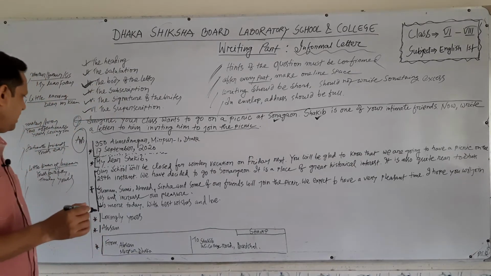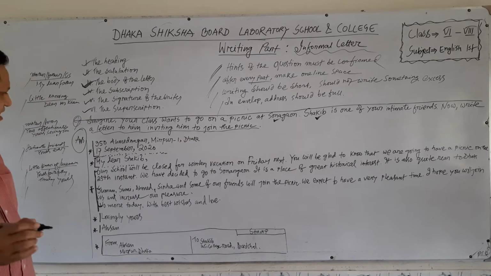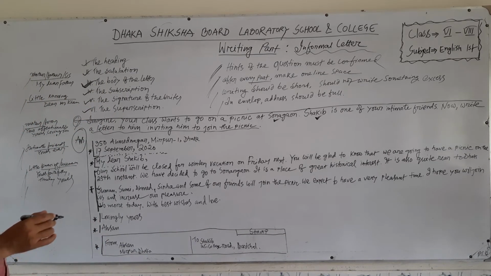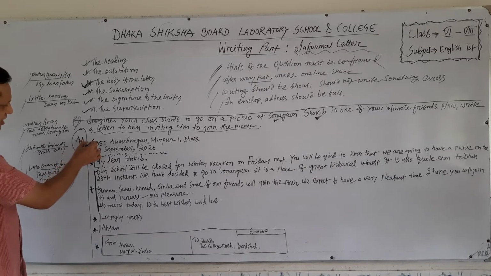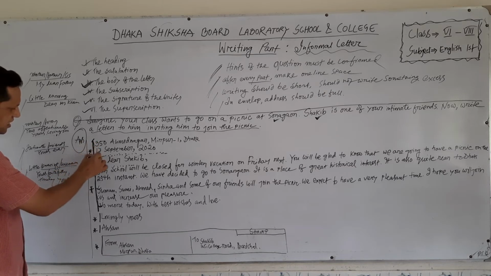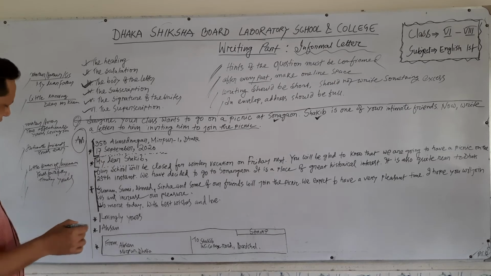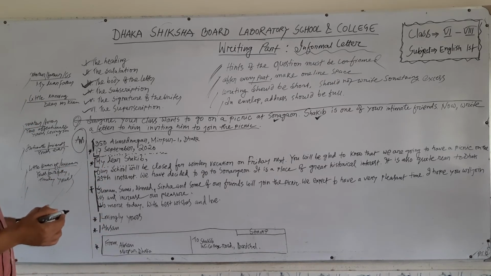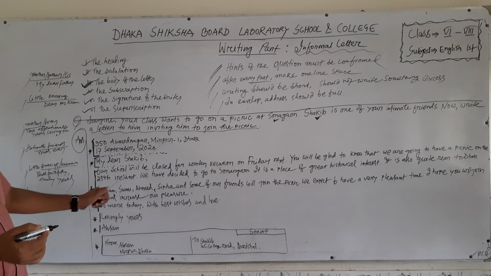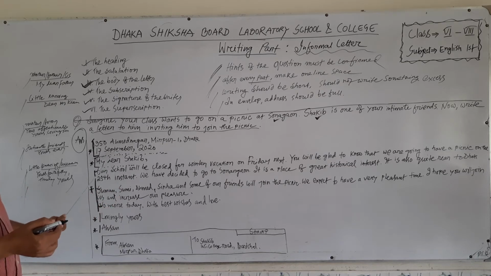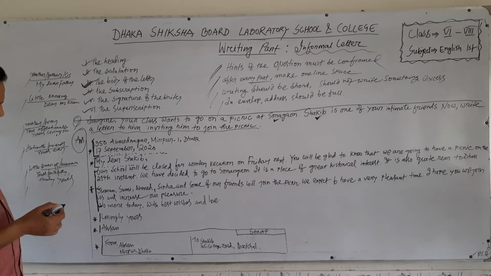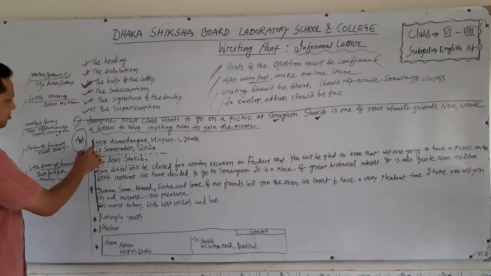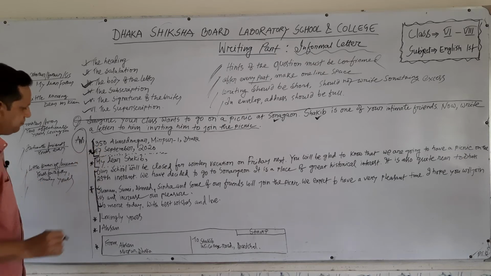My dear students, for writing this letter, at first I have written the address of the writer. Here the writer is Hassan, 350 Ahmednagar, Mirpur 1, Dhaka, 17 September, 2020. This is the address of the writer, so this is also called the heading.